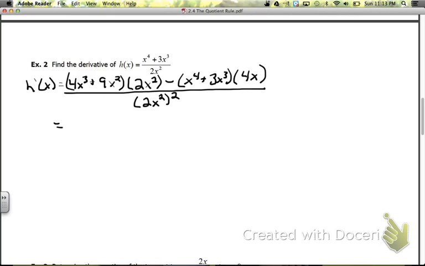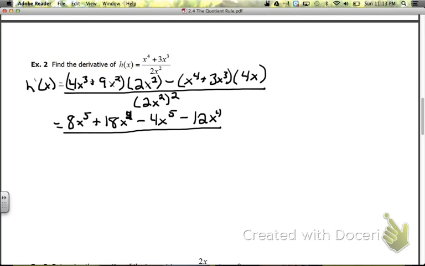Again, similar to example 1, we're going to expand here, so we have 8x to the power of 5 plus 18x squared minus 4x to the power of 5 minus 12x to the power of 4. I'm sorry, this should have been a 4 there at the 18.